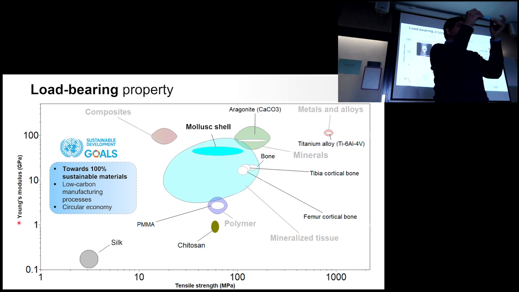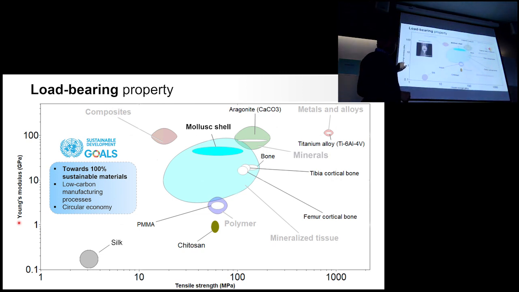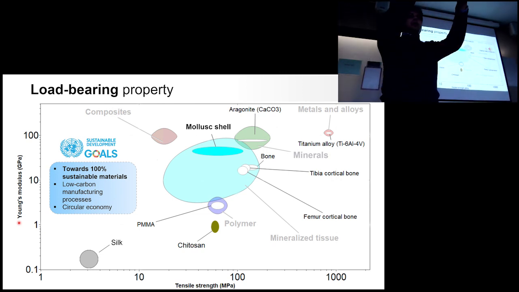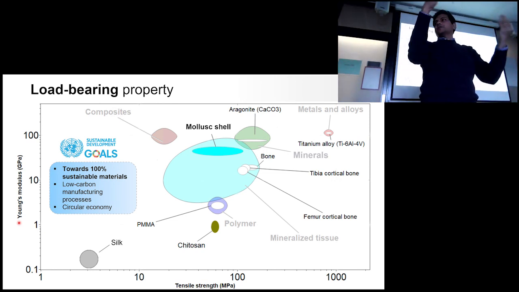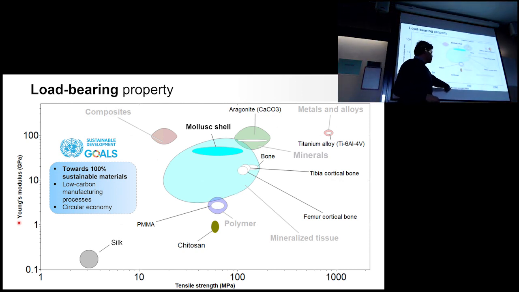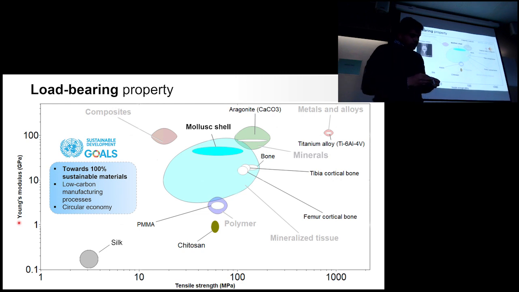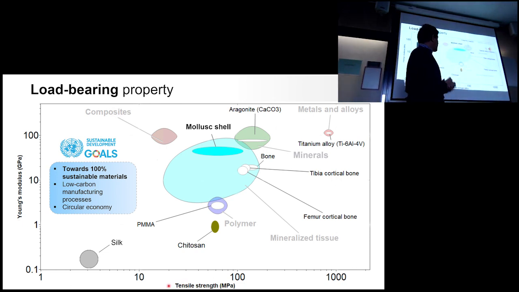So that measure of how much maximum load you can apply to this material, while it can elongate but still can recover its original length, is called the stiffness of the material. Okay, but if I apply more force, if I keep on increasing the force, at some point it will fracture, and the maximum force at which it fractures is this one, tensile strength. So that's the reason we use these two parameters to gauge the load-bearing capability of a material.